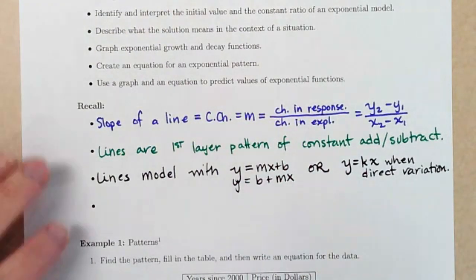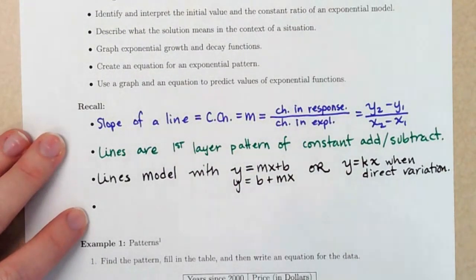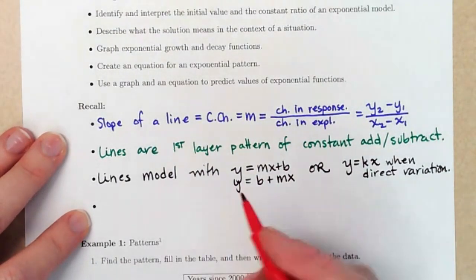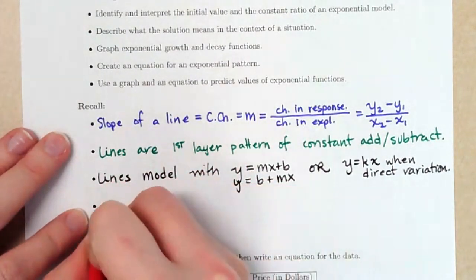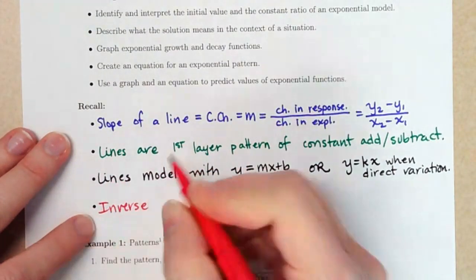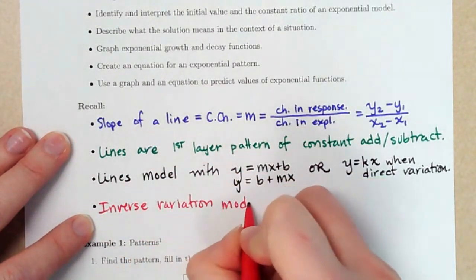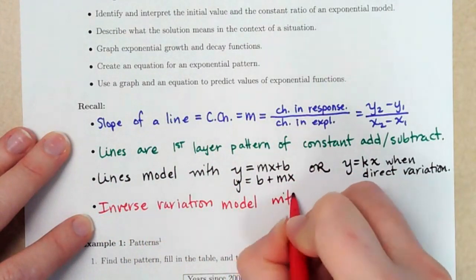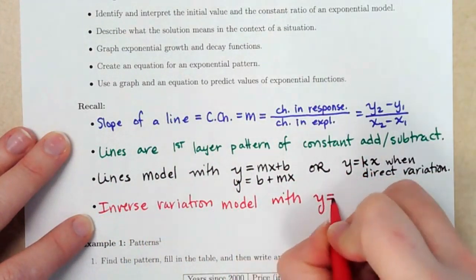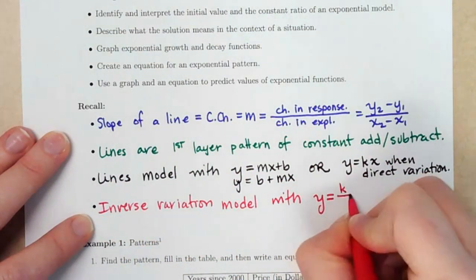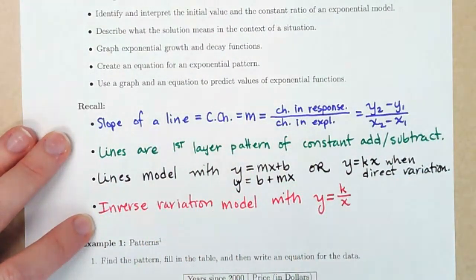I also want to recall our inverse models from section 4.4, where inverse variation models with y equals k divided by x, where we're dividing by the variable, and where you find k. The pattern was increase, decrease, decrease, increase.